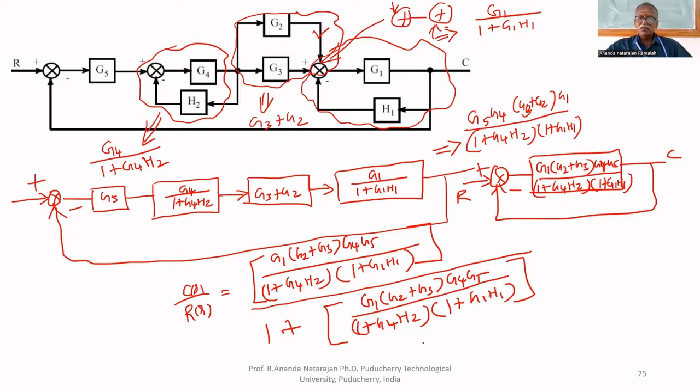If you take LCM, you will get G1, G2 plus G3, G4, G5 upon 1 plus G1H1 plus G4H2 plus G1, G4, H1, H2. I expanded this part.